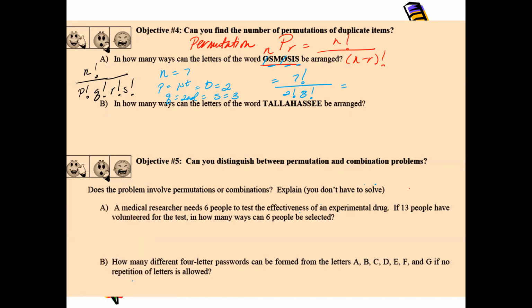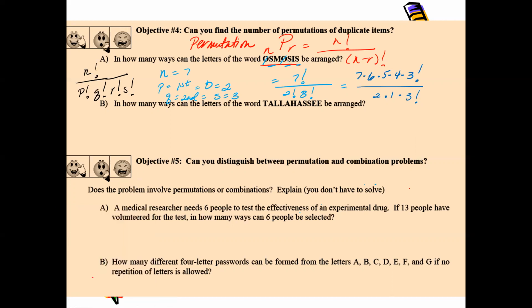So let's simplify this. 7 times 6 times 5 times 4 times 3 factorial. Don't forget your 2 factorial, which is just going to be 2 times 1, times, don't forget your 3 factorial.